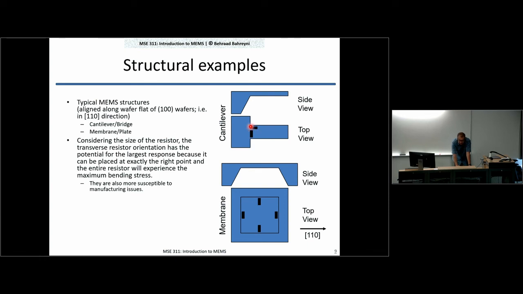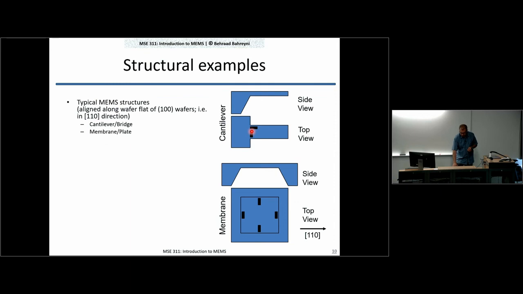So the resistor here will have a larger value if you push this down, and this will have a smaller value compared to the rest position. So you have one resistor whose value goes up, one resistor whose value goes down. That actually is a very useful feature. You can use it in differential sensing that we will talk about later on.